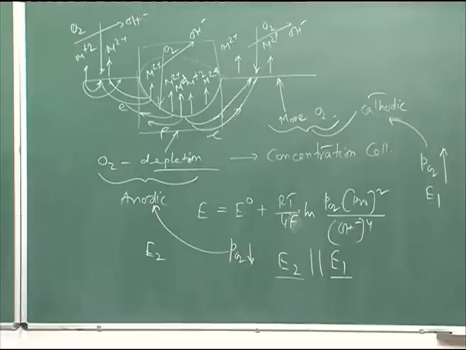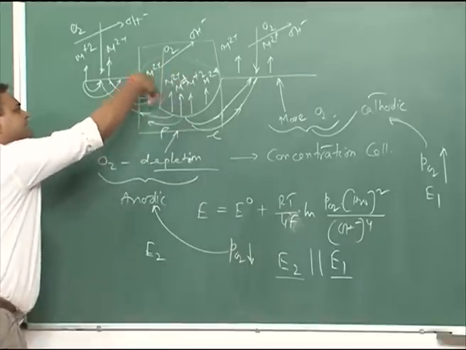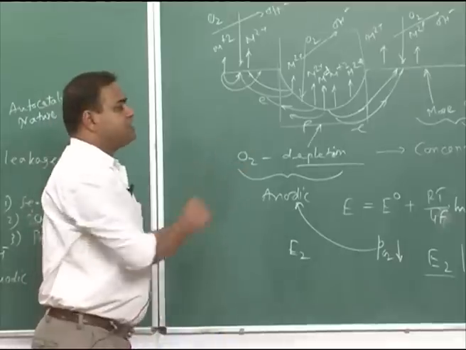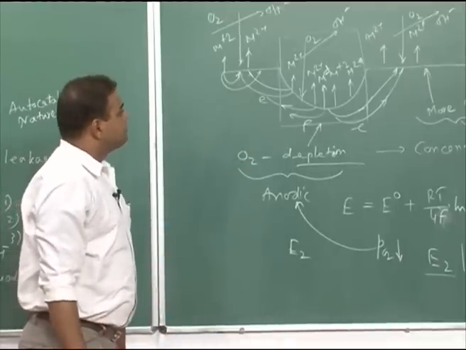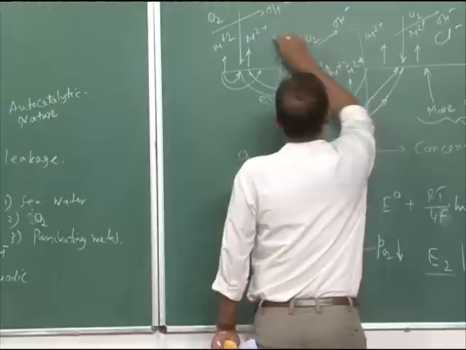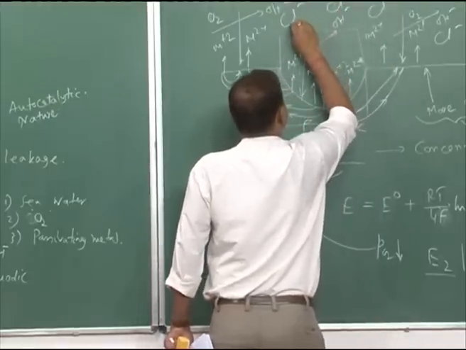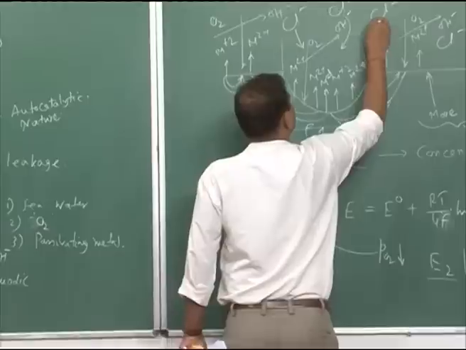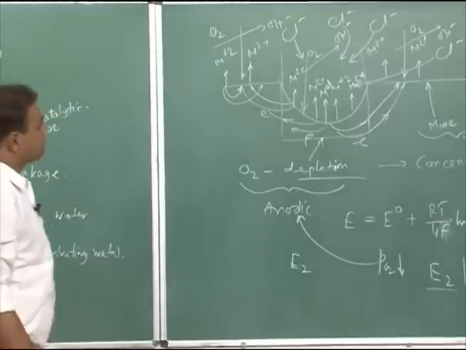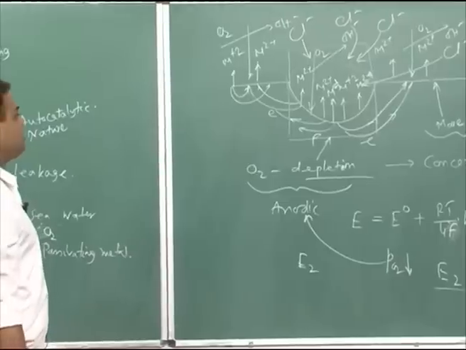Now, if there is higher metal ion concentration, it acts like an electropositive section. So, the system will try to neutralize this situation. Who will neutralize? Since we have sodium chloride, the chloride ion will try to come into this zone. If chloride ion comes to this section, there are two reactions that are possible.